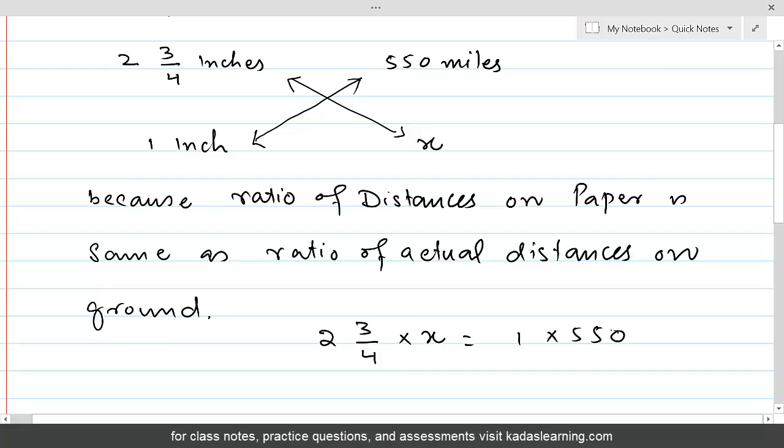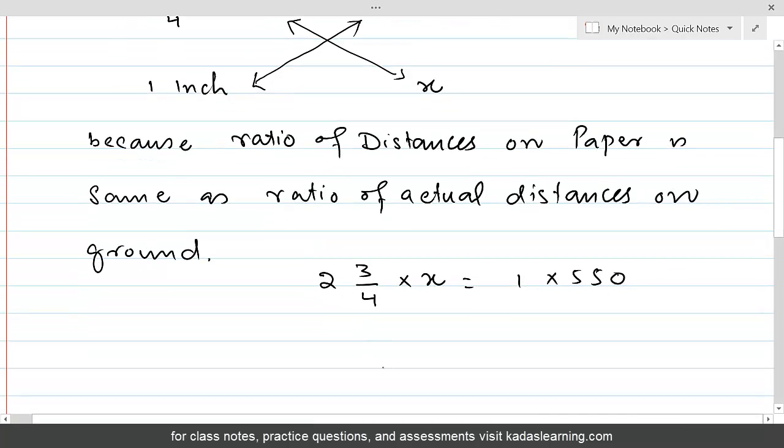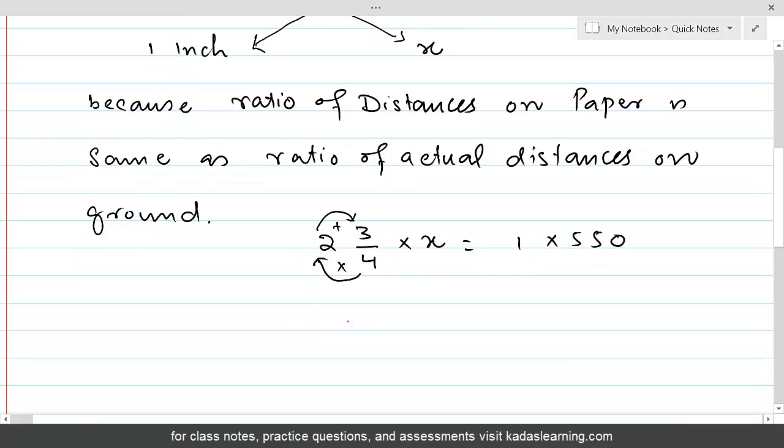This is when we do the directly cross multiplication. So this can be converted 4 times 2. This can be multiplied with this and then add to this, so that this mixed fraction can be converted into improper fraction. And this improper fraction will become 11 by 4 times x equal to 550.